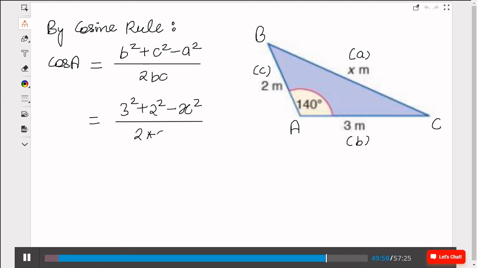Negative 0.766. Now 12 goes into multiplication. So I'm directly writing 0.766 times 12 is 9.192 with the negative sign. I multiplied that.